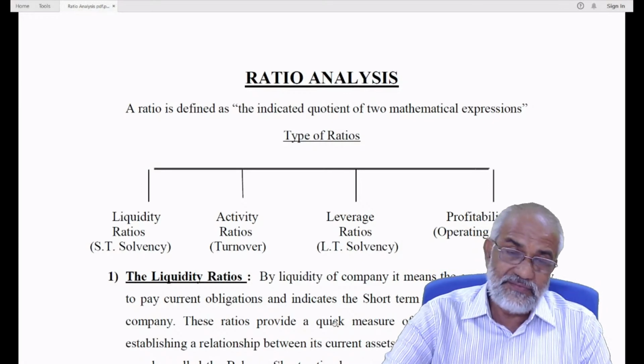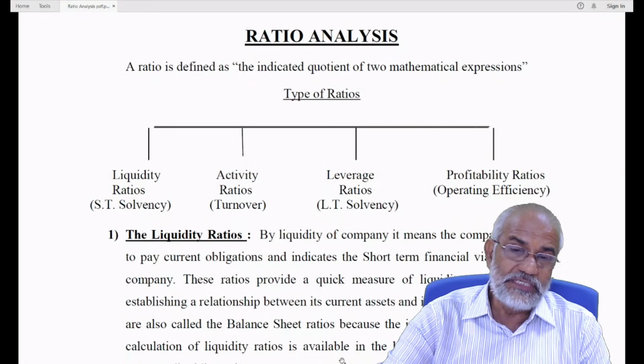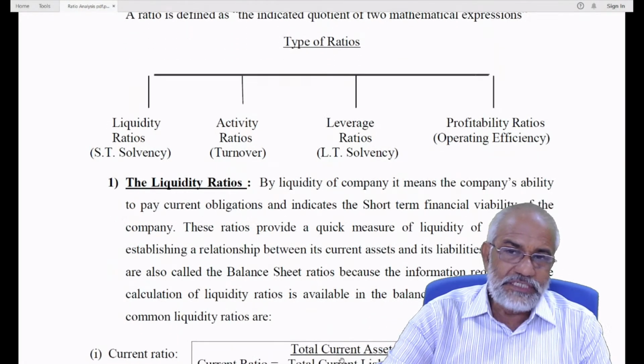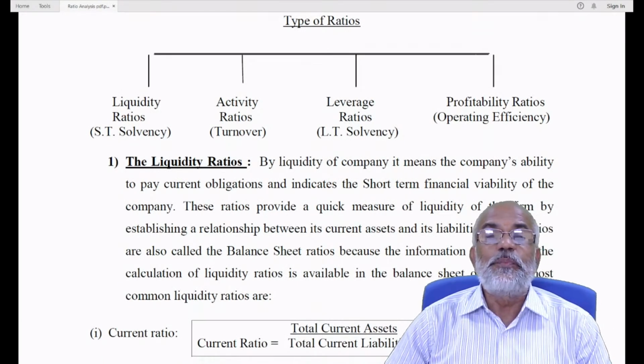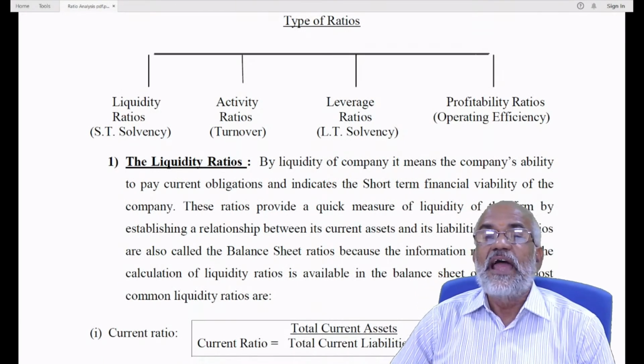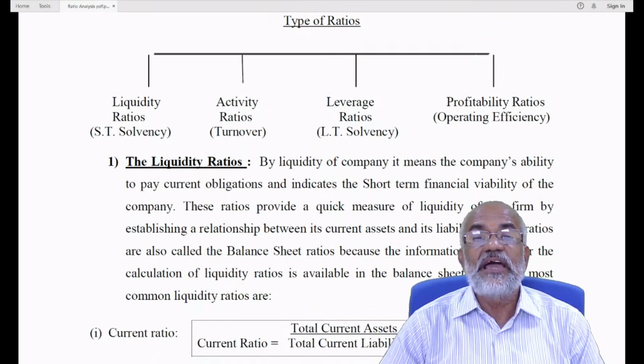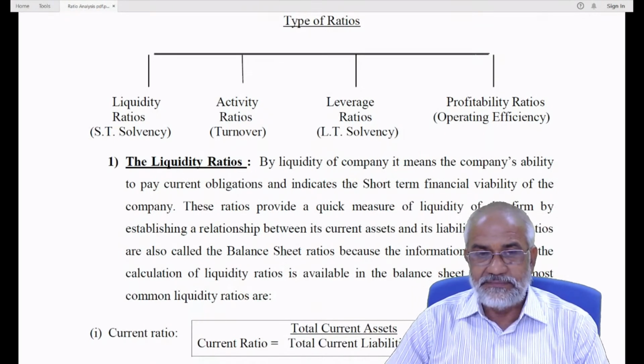So now let us discuss the first category of ratios, the liquidity ratios. By liquidity of a company, we mean the company's ability to pay current obligations, and it indicates the short-term financial viability of the organization.